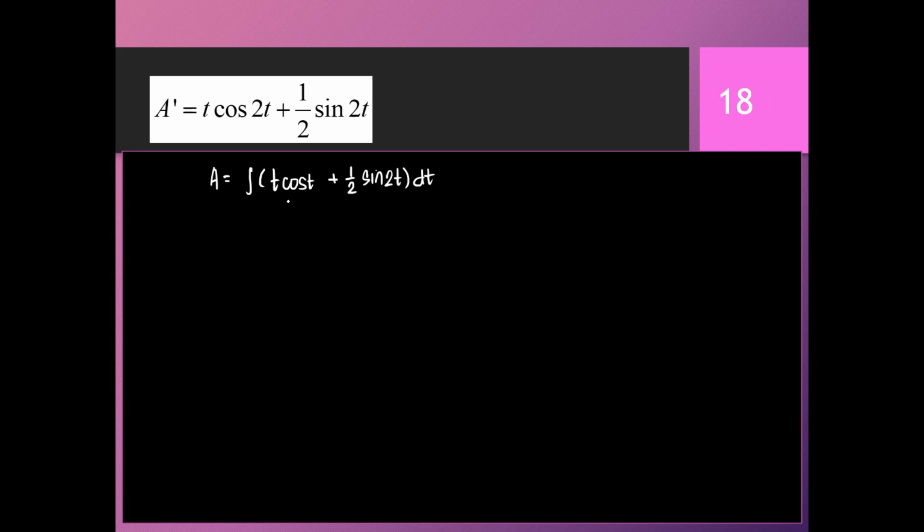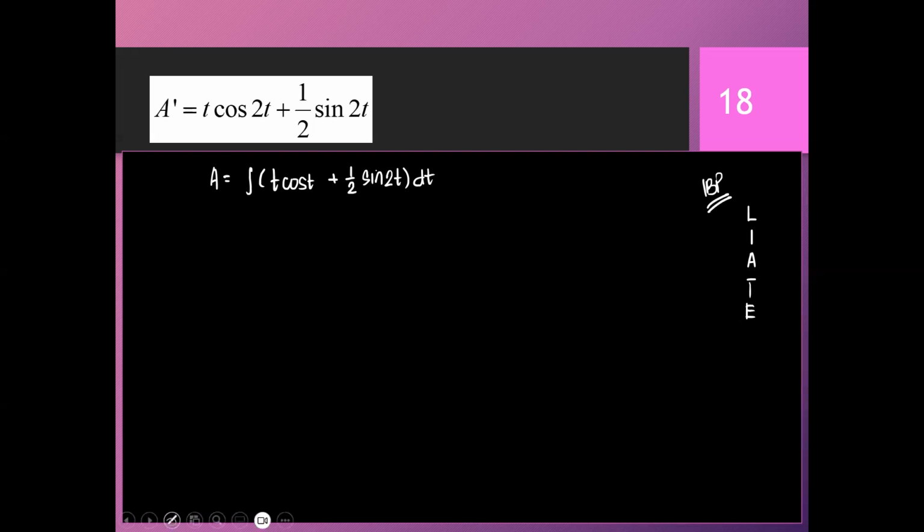What can you say about the first term? It's a combination of t and cosine. So if that's a combination, what happens? A combination of algebra and trigonometry. So I can say that, remember this, leate. Diba that's the mnemonics for integration by parts, right?